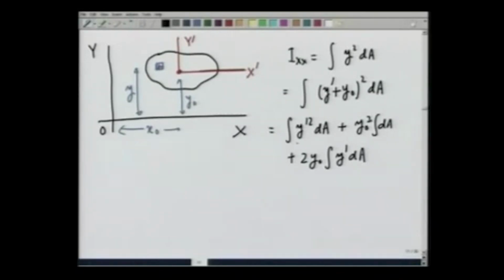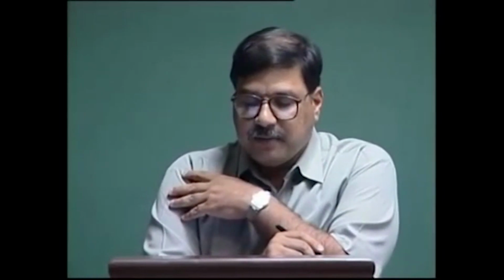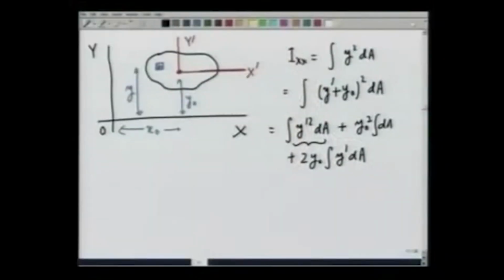Notice that integral y prime square dA is the Ix prime x prime, that is the second moment of inertia about the x axis passing through the centroid, and integral y prime dA is nothing but area times the y coordinate of the centroid in the centroid frame.